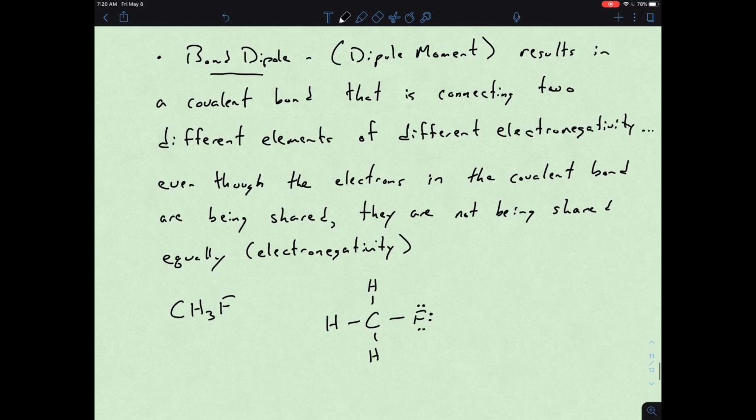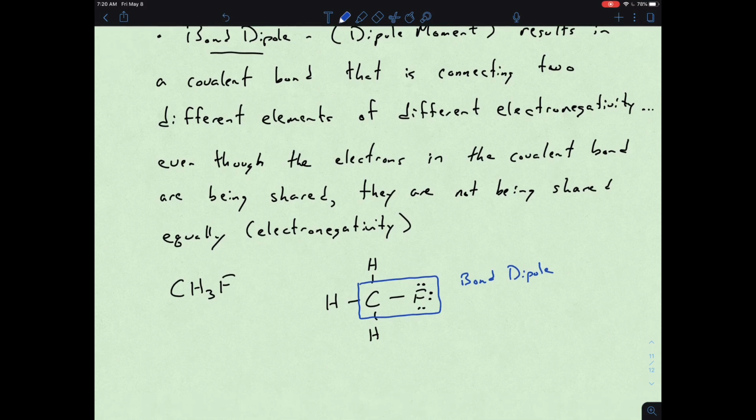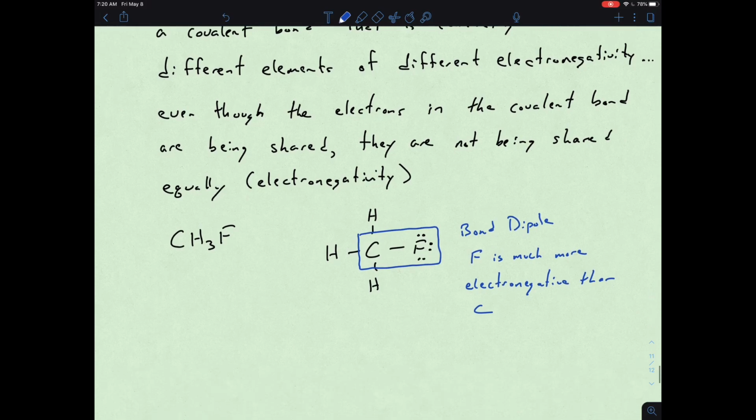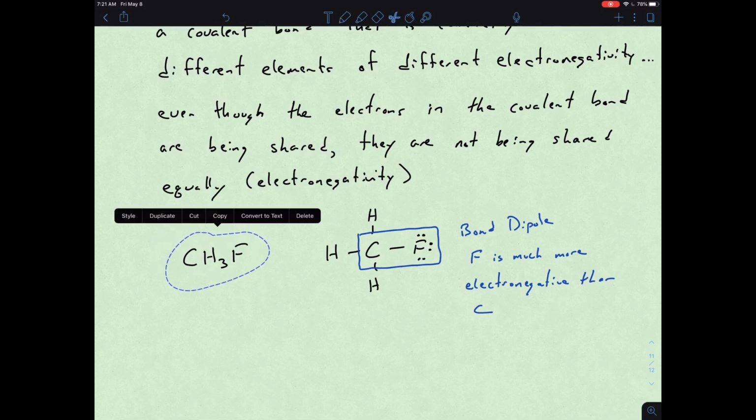And what we find here is a bond dipole. Fluorine is much more electronegative than the carbon. So we could draw that a little bit differently to try to highlight that idea of the bond dipole.